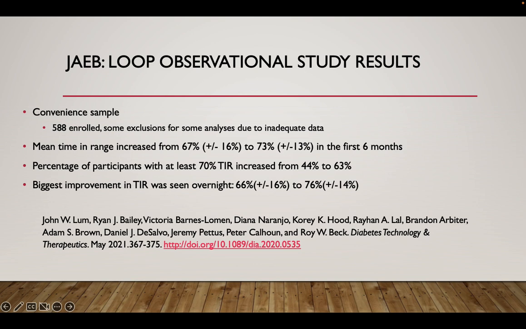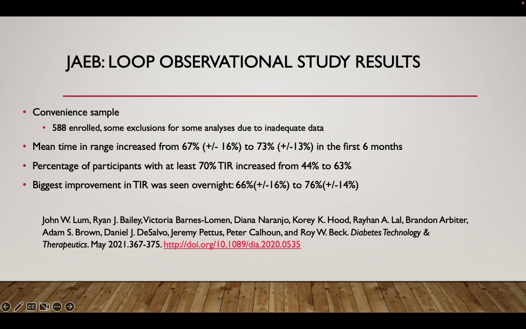So 70% time in range, that's time between 3.9 and 10.0 millimoles per liter, is the gold standard recommended number to reduce the risk of complications. There's now some debate around whether that 3.9 to 10.0 is the best range to really focus on, but that's what the current consensus is.